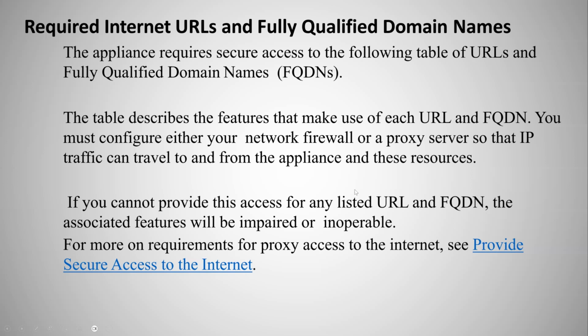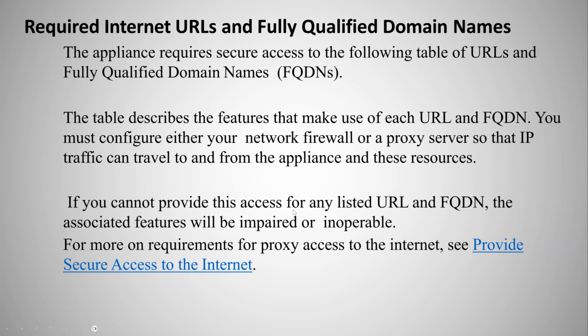Here we are. So what we have done so far is that we have unboxed the devices. We have done the cabling for those devices. We have put those devices in the rack. So rack and cabling we have done. Now what we want to do is power on the device.